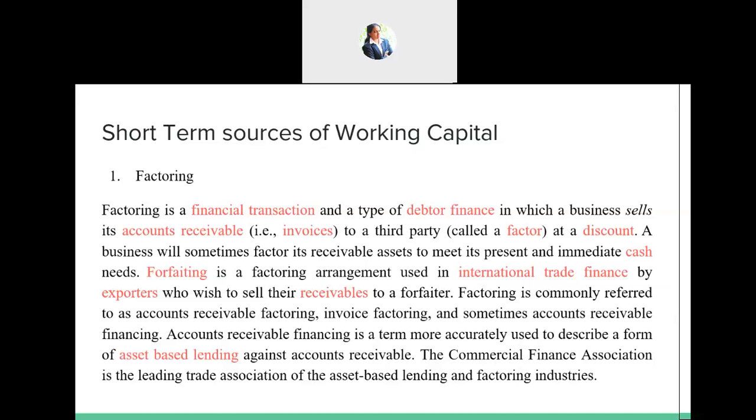It is also called accounts receivable factoring, invoice factoring, and sometimes simply accounts receivable financing. What we discussed regarding accounts receivable financing is a term which is accurately used to describe a form of asset-based lending against accounts receivable.